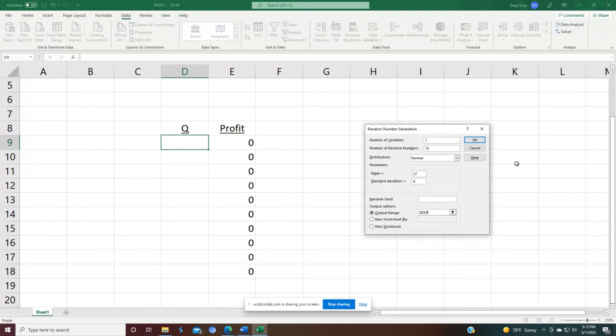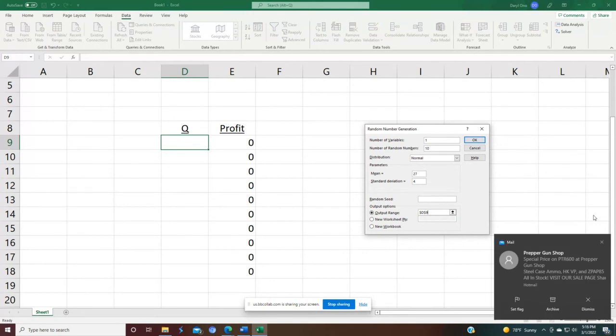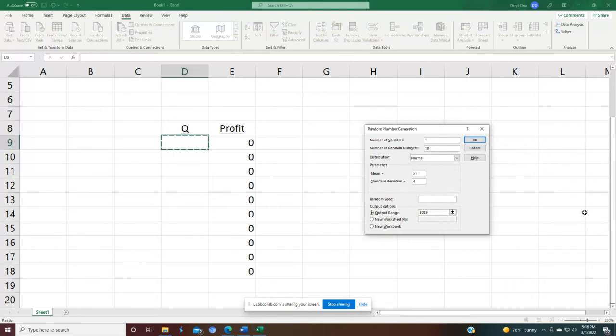So my quantity produced is going to be my random variable, normal distribution with a standard deviation of 4. How many times are we going to be profitable or lose money? So here we go.